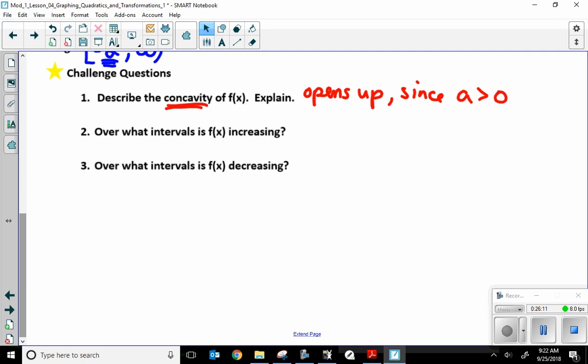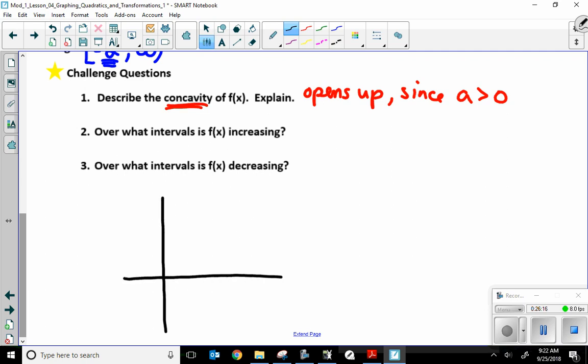I just want to make a little sketch right now. All right? And if I go to, here's 4, here's -2, that's where the vertex is. And we know it opens up. All right? That's at 4, -2.